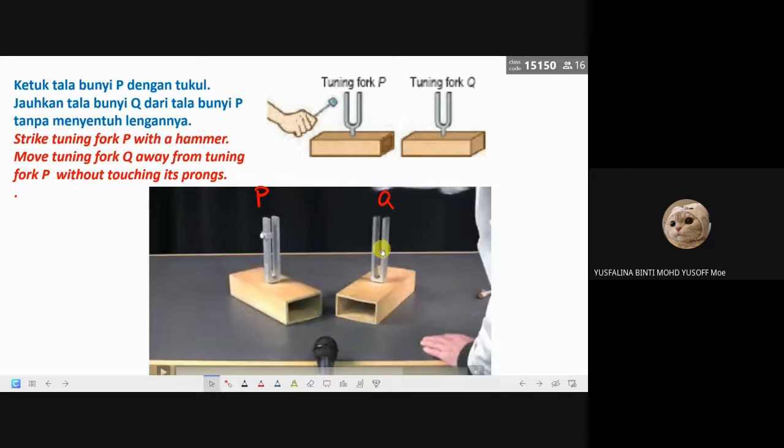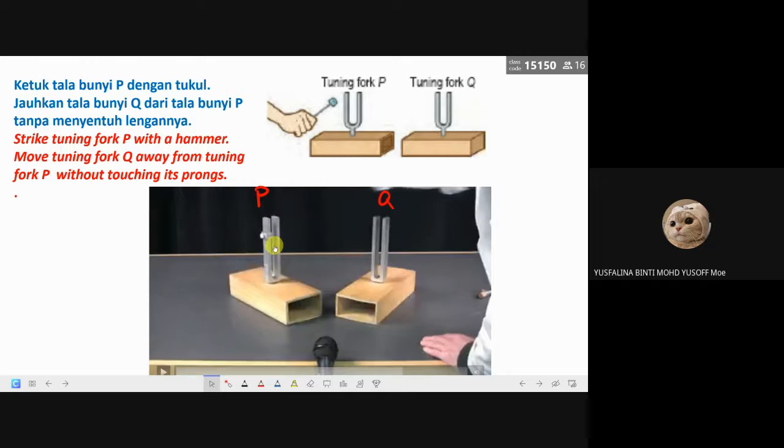So when you hit tuning fork Q, the frequency of the sound produced is the same as P, so P will vibrate and produce sound. But now they have different frequencies because of the weight, so the natural frequency of P is different from Q. Even when you hit Q, P will not make any sound because it does not reach its natural frequency.